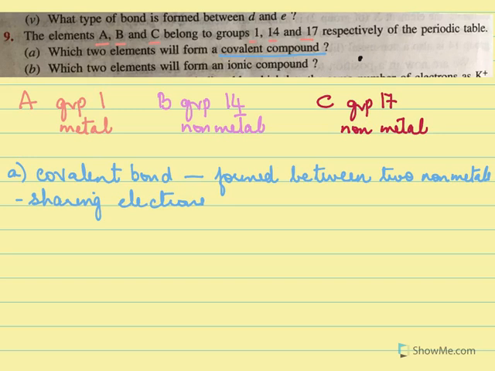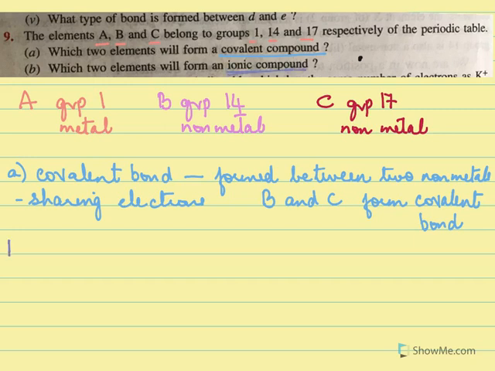Non-metals gain electrons. So who are the non-metals here? B is one non-metal and C is a non-metal. So B and C form covalent bond. Both will gain electrons. B has to gain electrons, C also has to gain electrons. So they share the electrons.